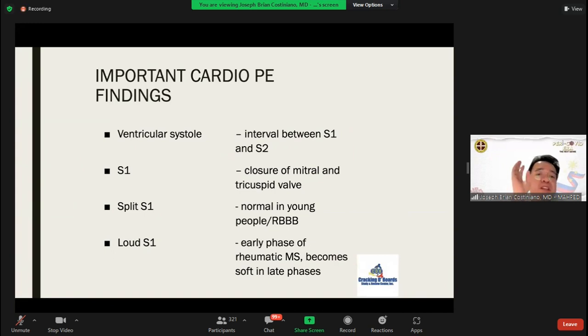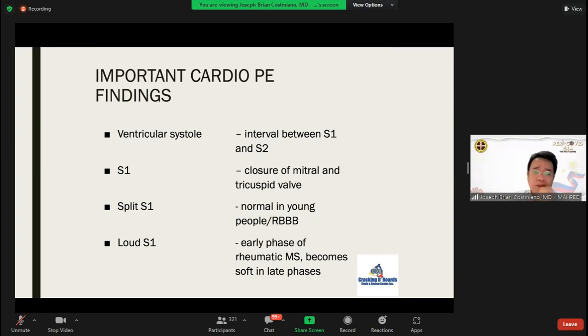When you talk about ventricular systole, ano ba yung systole? Systole is the interval between your S1 and S2. So therefore, diastole is from S2 to S1. Okay? And when you talk about S1, S1 is closure of your AV valves, mitral and tricuspid.